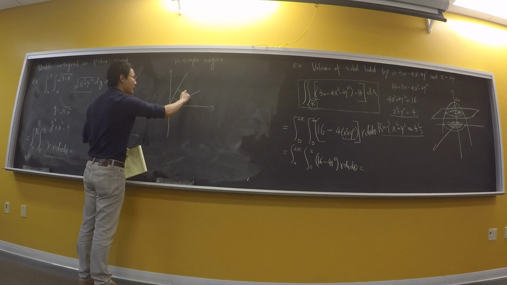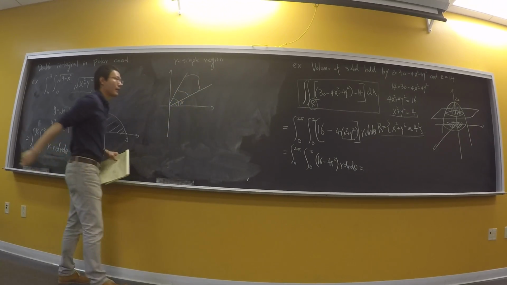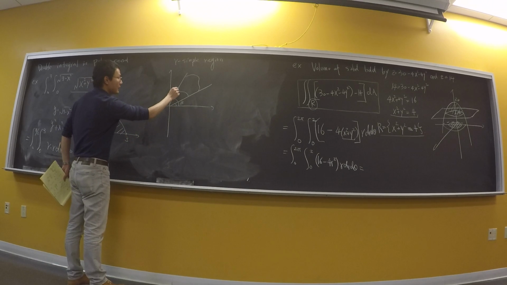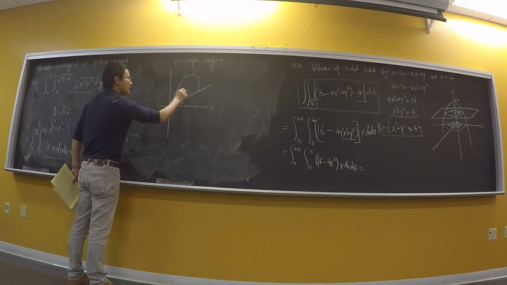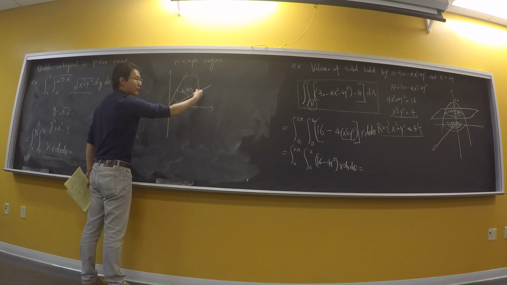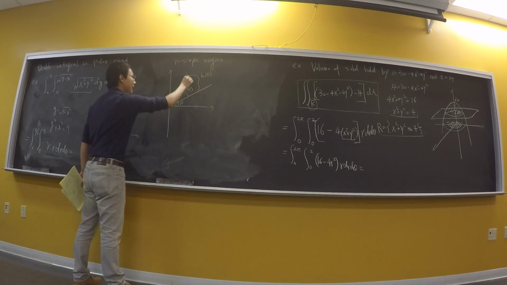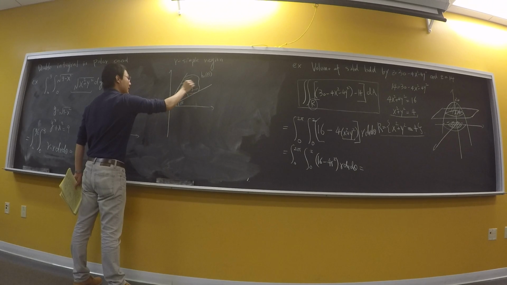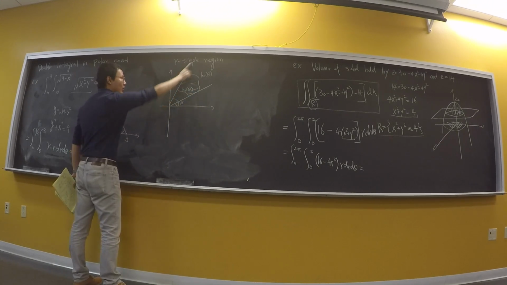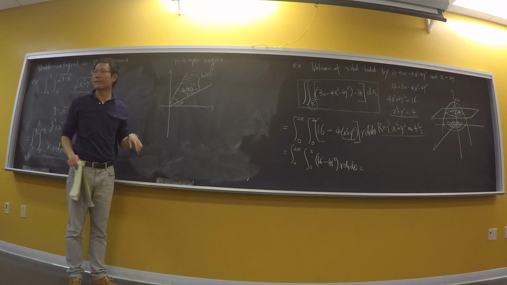I have two functions of theta to bound this region. This function of angle theta is h1 of theta, and this is a larger function with respect to theta, h2 of theta. And the region is bounded between two rays and two curves with respect to theta.